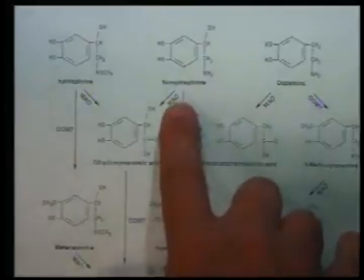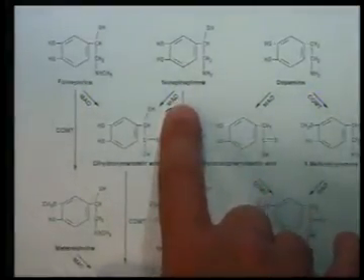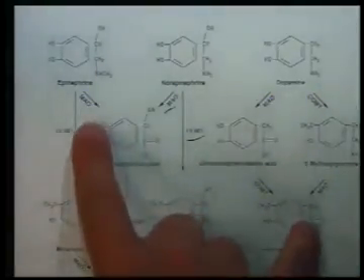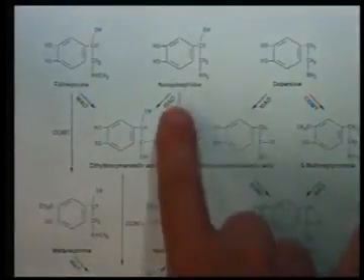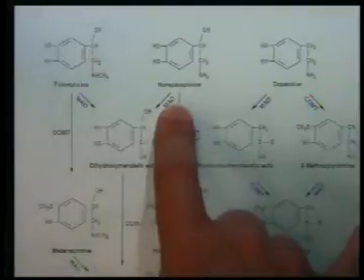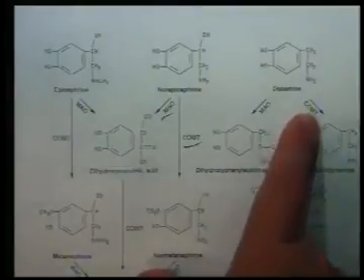And notice MAO, monoamine oxidase, breaks down the catecholamines, and we'll talk about that a lot during central nervous system pharmacology. But no matter what step you take in the breakdown of catecholamines, we're either going to have monoamine oxidase breaking down the catecholamines, or we're going to have COMT, catechol-O-methyltransferase.